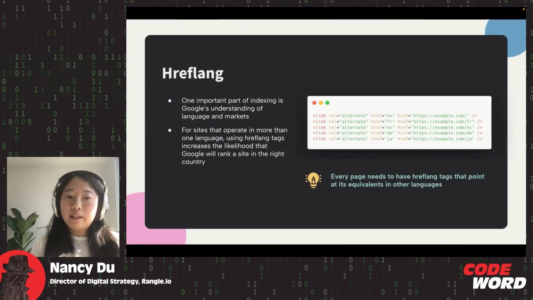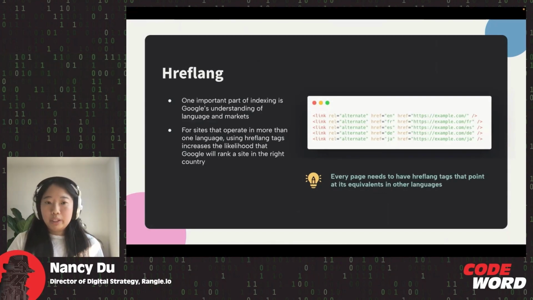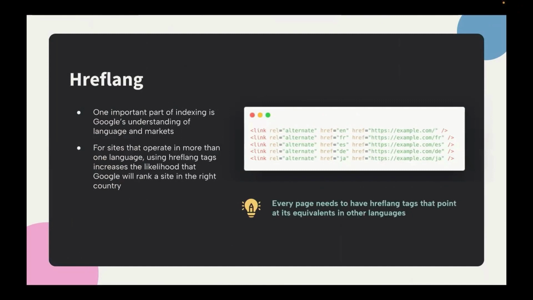For sites that are operating in multiple languages, you want to include the hreflang for all of your pages, the language that it's in, and the URL. Here I have several different languages at play for this website, and I'm just going to include all of the different variants in my header tag.